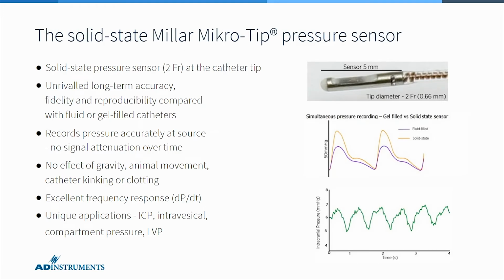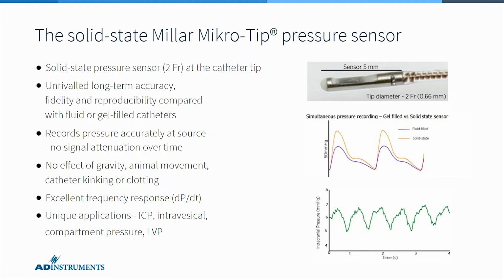So I mentioned that the rat pressure telemeters incorporate the Millar Mikro-Tip pressure sensor, which is a solid state pressure sensor, 2 French in diameter, which is 0.6 millimeters, located at the catheter tip. And this technology offers unrivaled long-term accuracy, fidelity, and reproducibility compared with gel or fluid-filled catheters.